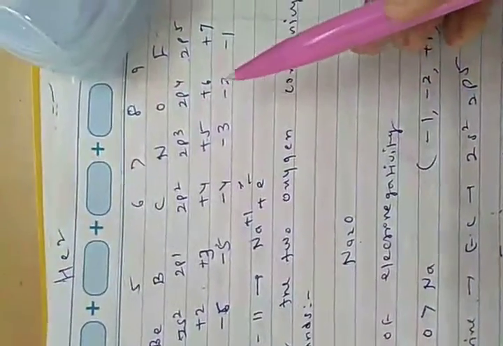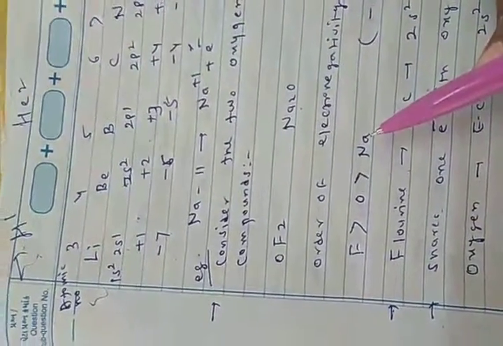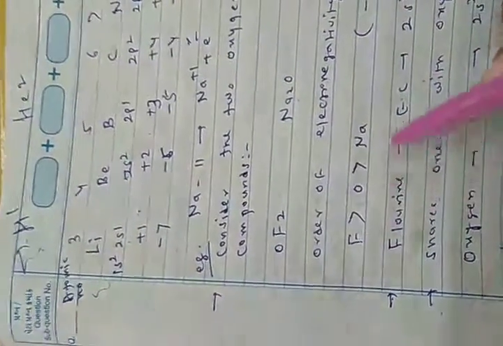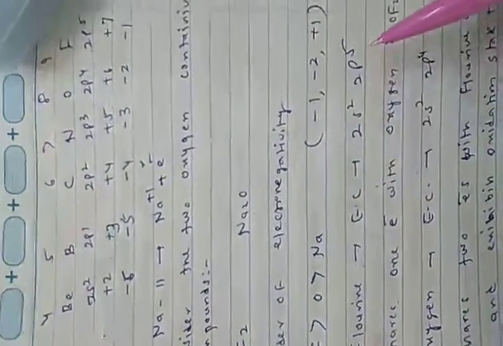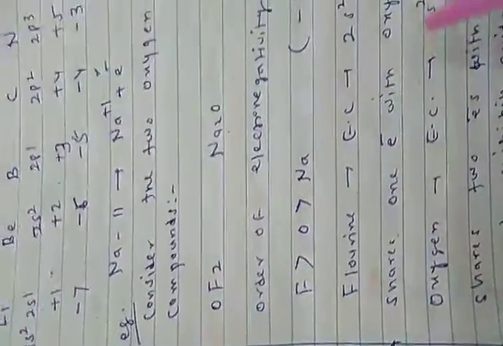Afterwards oxygen, electronegativity -2, so fluorine is more electronegative than oxygen, and sodium is not electronegative, it is easily losing electrons. So in this order you make. Afterwards, fluorine EC 2s2 2p5 shares one electron with the oxygen in the OF2 molecule. Okay, in the outermost orbit they need -1, so it will share one electron with oxygen in the OF2 molecule.